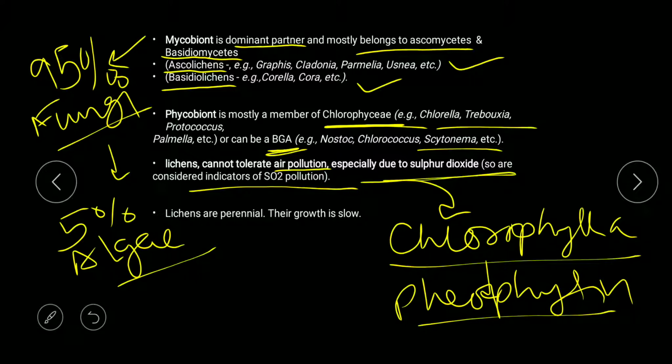Due to this, the amount of chlorophyll is reduced, and then photosynthesis is reduced. It ultimately harms the algal partner, and if the algal partner is lost, the fungal partner is also lost. Lichens are perennial and slow growing.